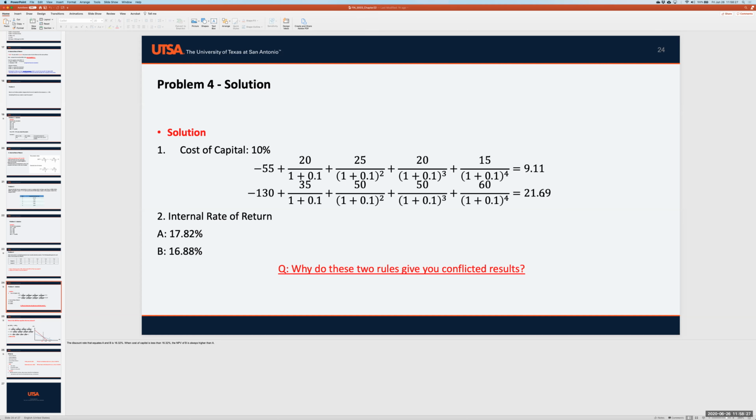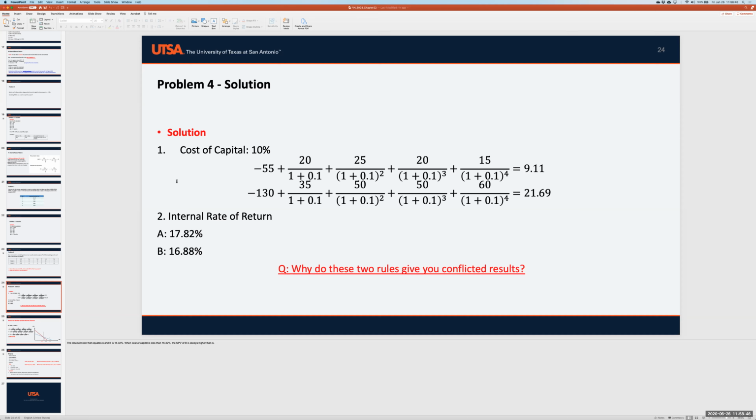Based on this calculation, the greater is better, and you just choose the project with the highest NPV, which is project B.